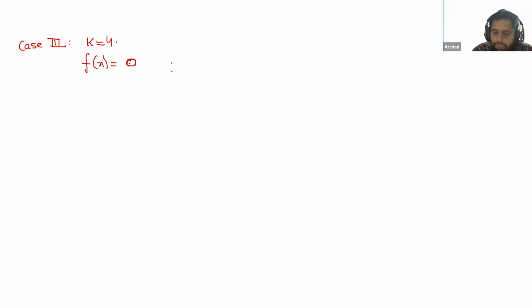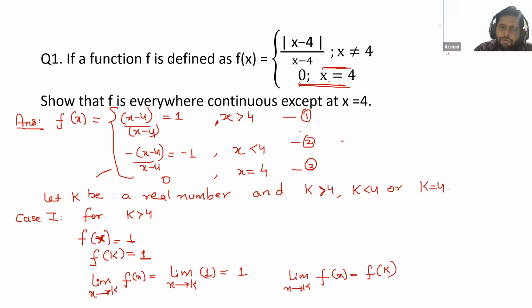Always remember, when we are doing continuity, this function will always be continuous for x greater than 4, and for x less than 4.